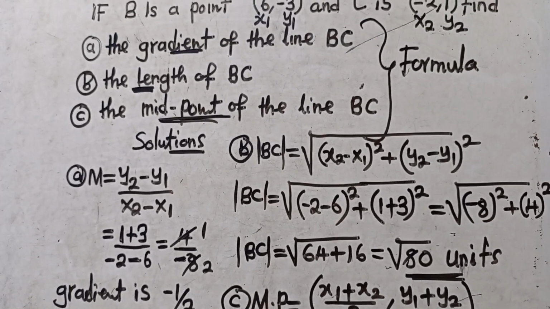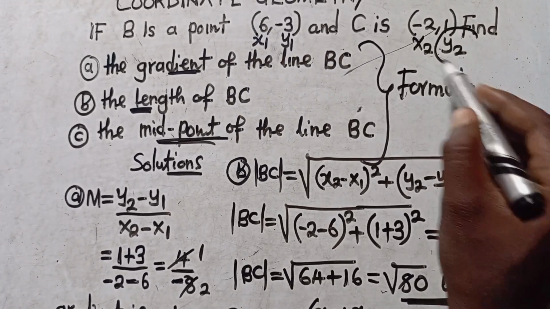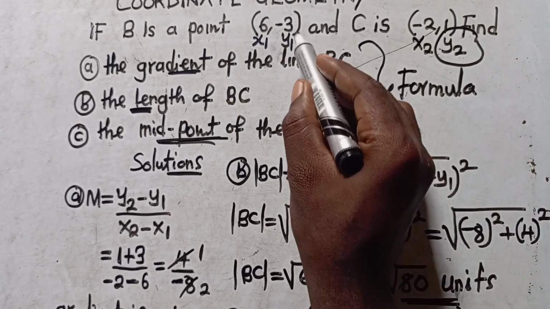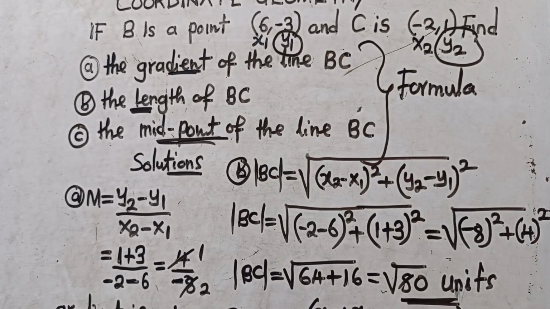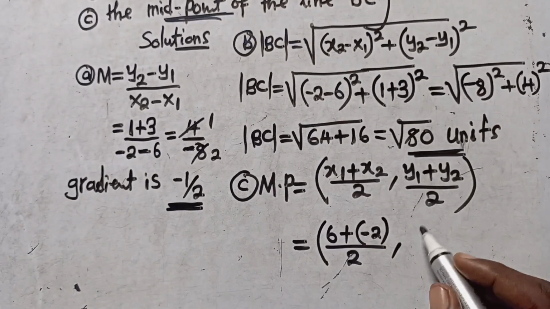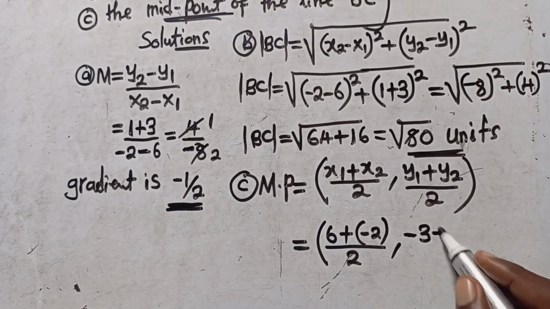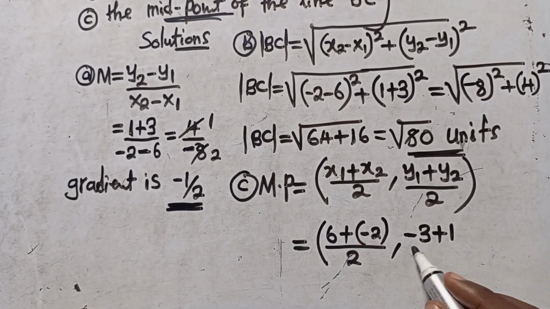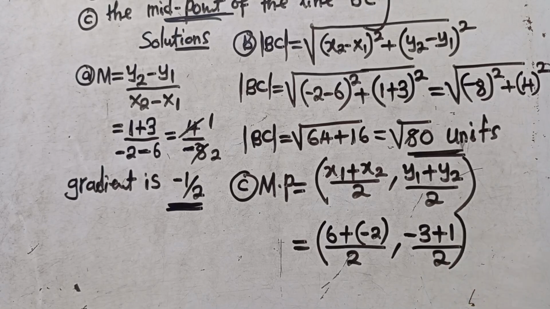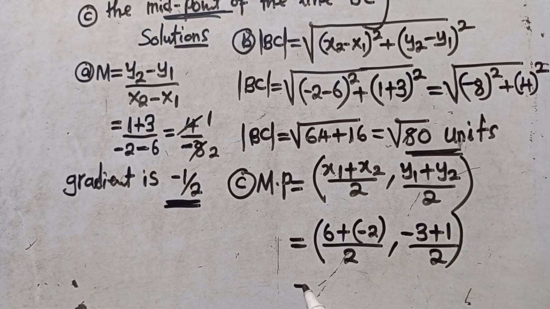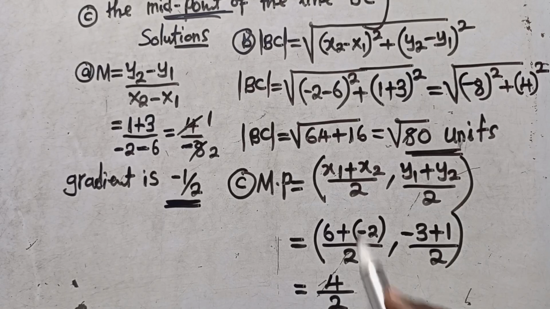I check there. y2 is 1, and y1 is -3. So -3 plus 1 over 2. This is the formula. If I work this out, I'll get 4 over 2 here, and here I'm going to get -2 over 2.